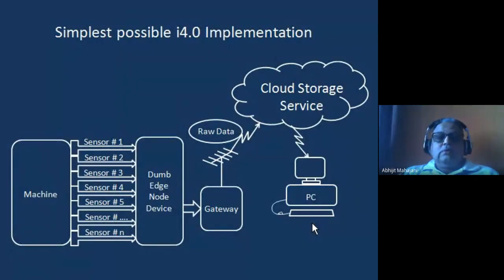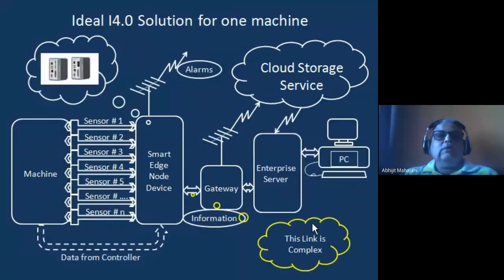But to get better results, what you need is an ideal IoT solution where you have a smart edge node device, and you have a machine with some protocol which is being read by this smart edge node. You have the data that you don't get from this controller.